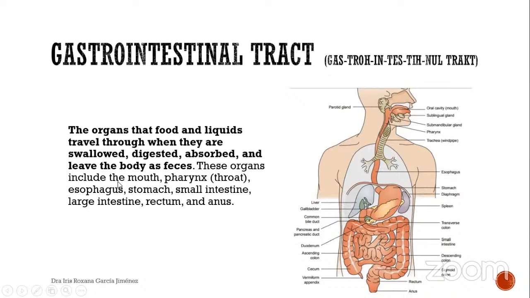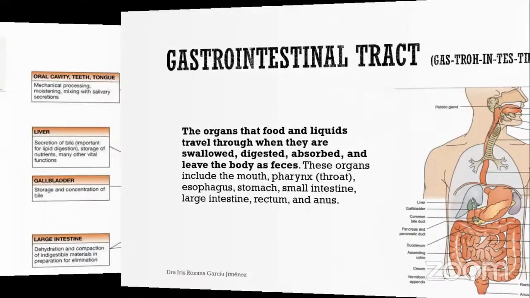These organs include the mouth, pharynx or throat, esophagus, stomach, small intestine, large intestine, rectum, and anus. We all know about it. We have our first anatomical landmark to check, to start evaluating our vocabulary.